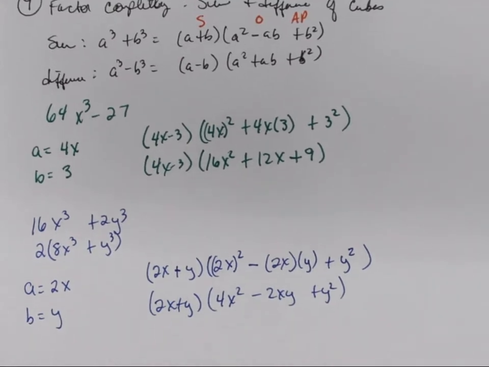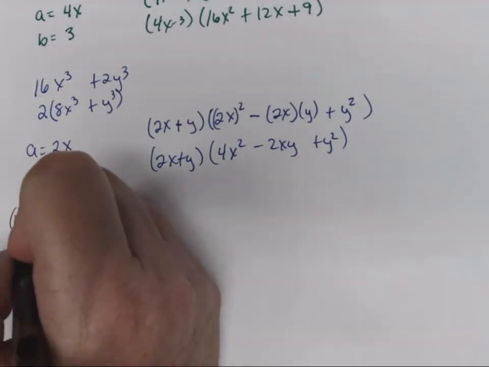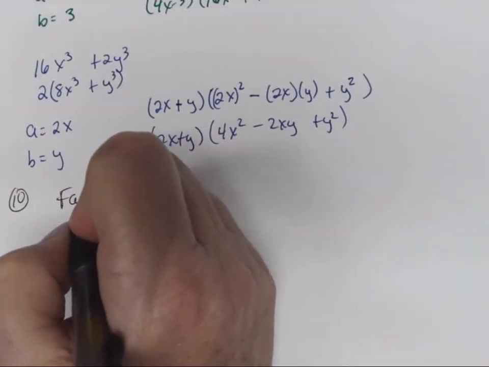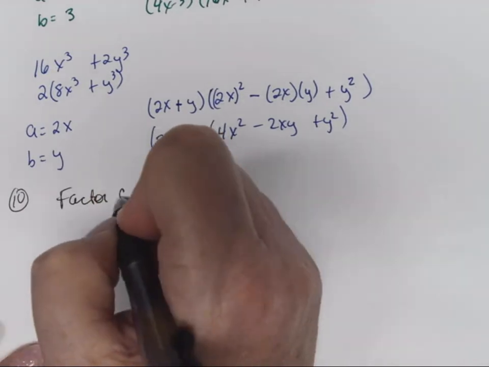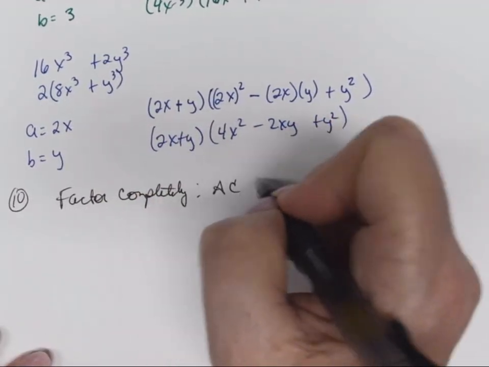All right, now let's go factor with the AC method. So we're still factoring completely, but this time we're going to do the AC method.